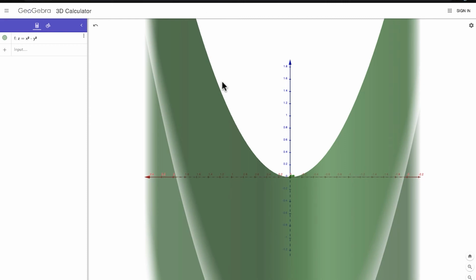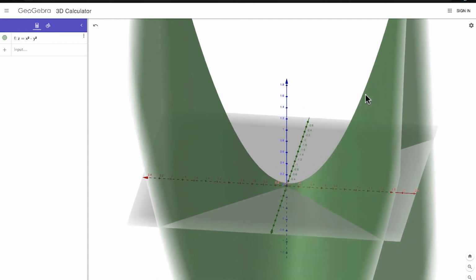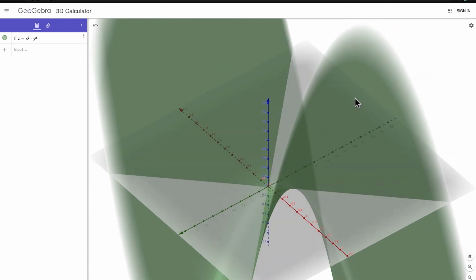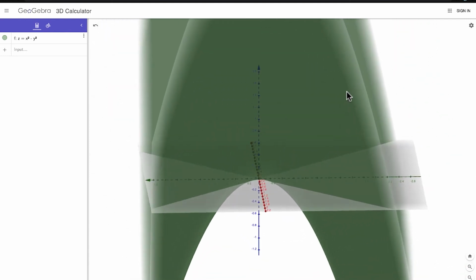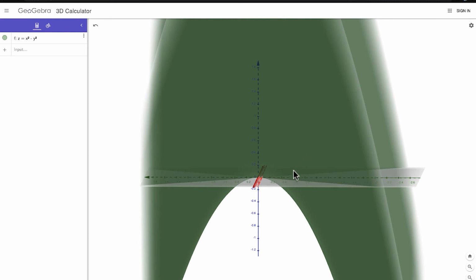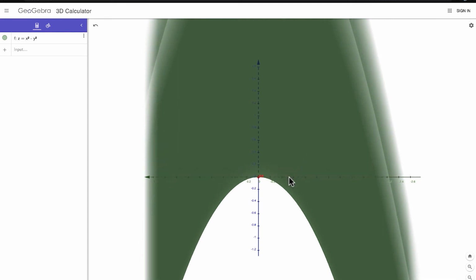So back at geogebra.org/3D, we can now reorient ourselves by clicking and dragging our curve so that instead of looking at z as a function of x, we're looking at z as a function of y. So now the red x-axis, it's constant. Varying x has no impact on z, on the height of our curve.